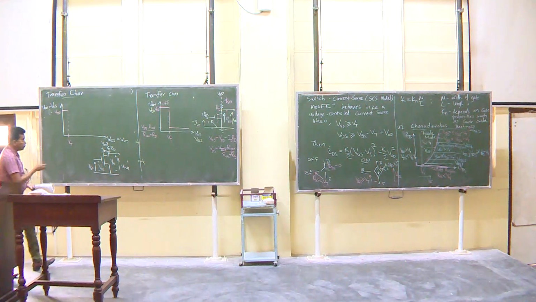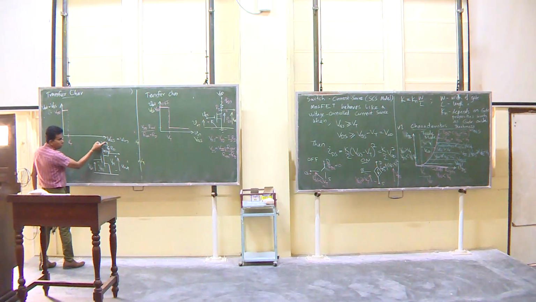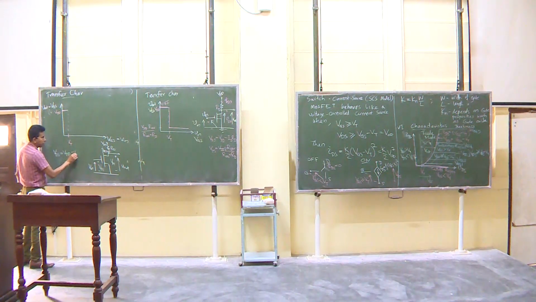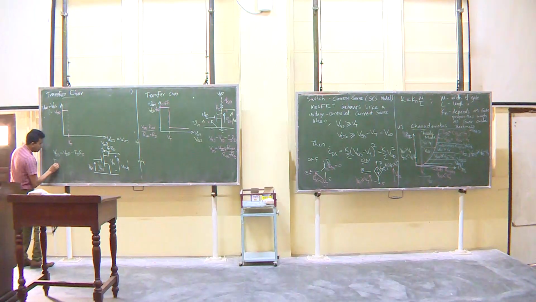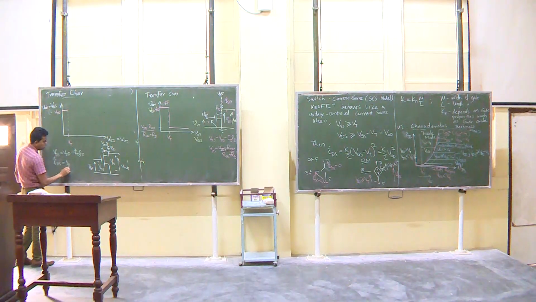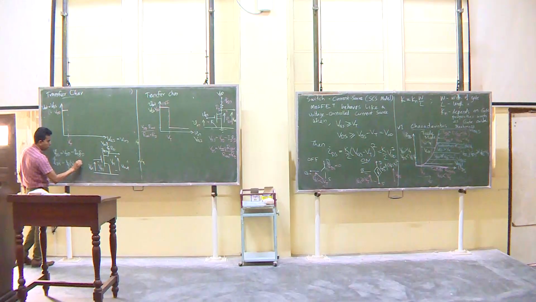We know that V out, VDS, is equal to VDD minus IDRD. But ID in this saturation region, IDS, is equal to K over 2 times VGS minus VT squared.